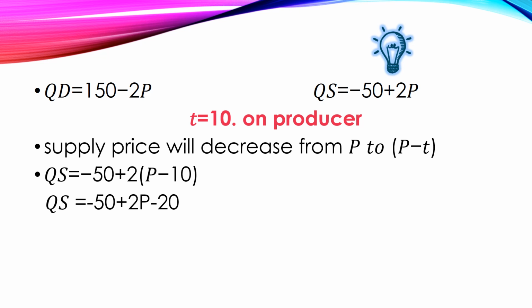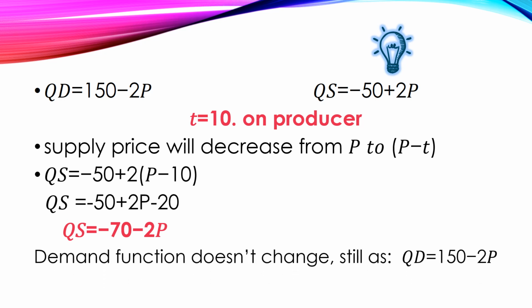So the quantity supply function equals negative 70 plus 2P. The demand function doesn't change. Still, QD equal 150 minus 2P.